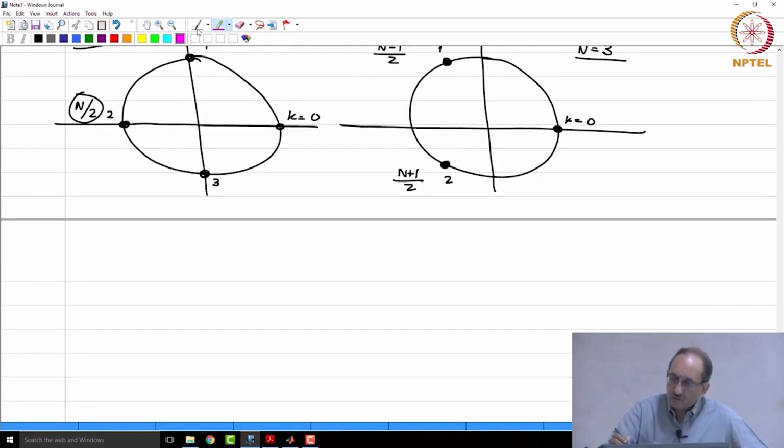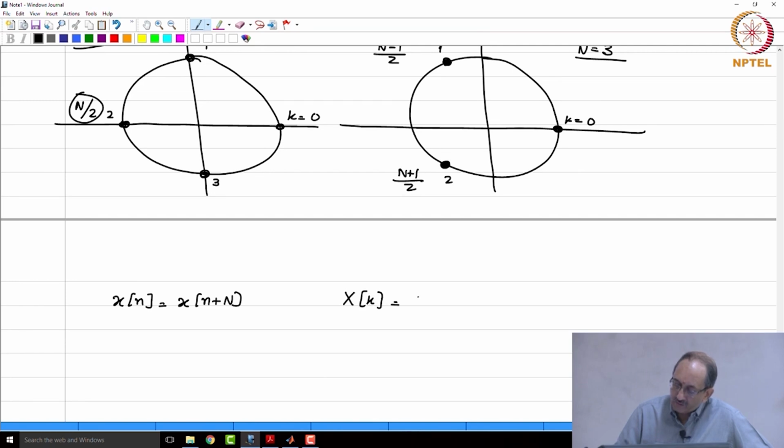And in this context it is very important to realize that x of n equals x of n plus capital N, and it is also the case that X of k, which is the DFT coefficient, also is periodic with period capital N. So one immediate consequence of this, we have already seen this before when we were looking at discrete time periodic complex exponentials.